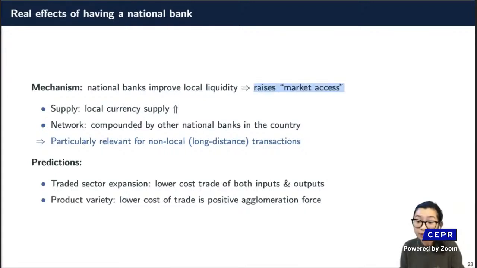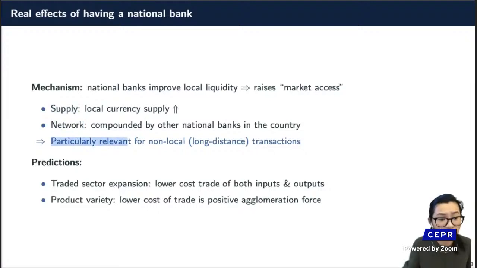It's going to make it much cheaper for them to transact with markets that are farther away, which also has this network effect of being cheaper to transact with the ones that those markets were transacting with. And this is through those 2 channels of having a better supply of local currency, as well as the compounding network effects. And as I said, it's going to be particularly relevant for these non-local, long distance transactions.